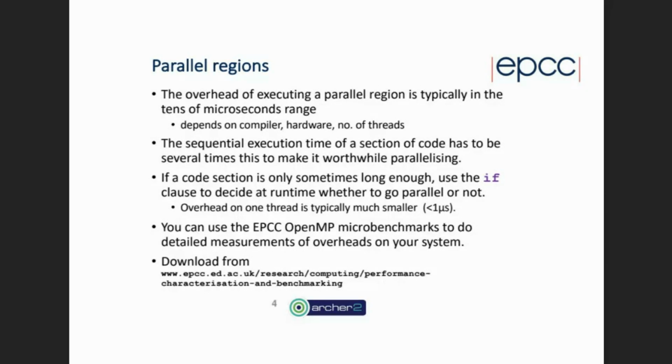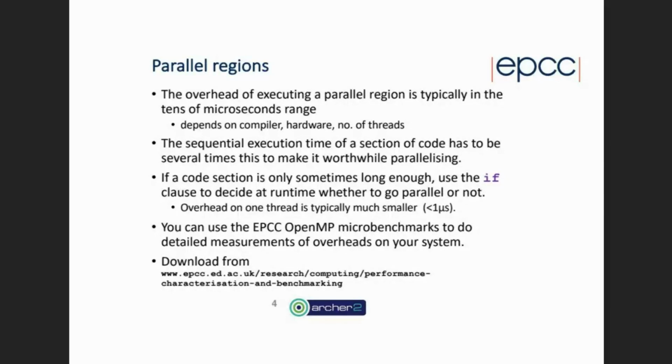One problem you can come across in real applications is that a parallel region or a block of code may take very different amounts of time to execute on different instances. You might execute the same piece of code in a loop lots and lots of times, but only sometimes is it long enough to be worth parallelizing.